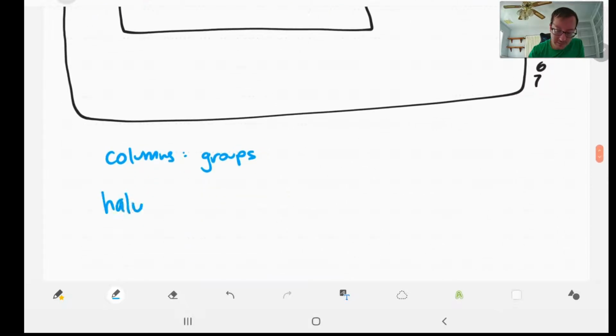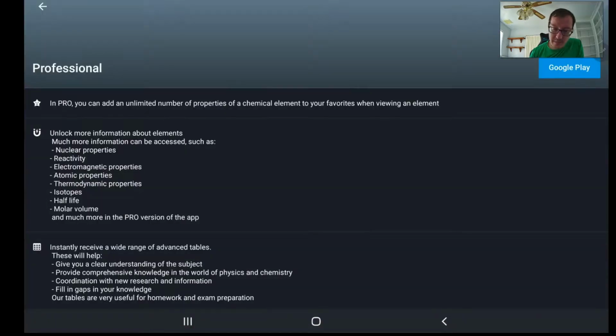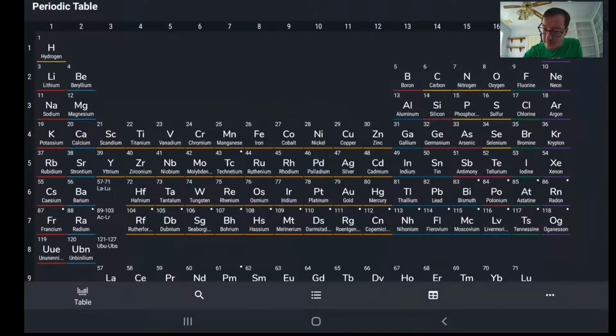Halogens are group 17, sorry. Those are group 17 elements, which is this column here, the second to last column on the periodic table. And then it says period 4, so that means the fourth row. So we're looking at whatever element happens to be right here. If we pop over to our periodic table, we're looking at group 17, so that's this column here.